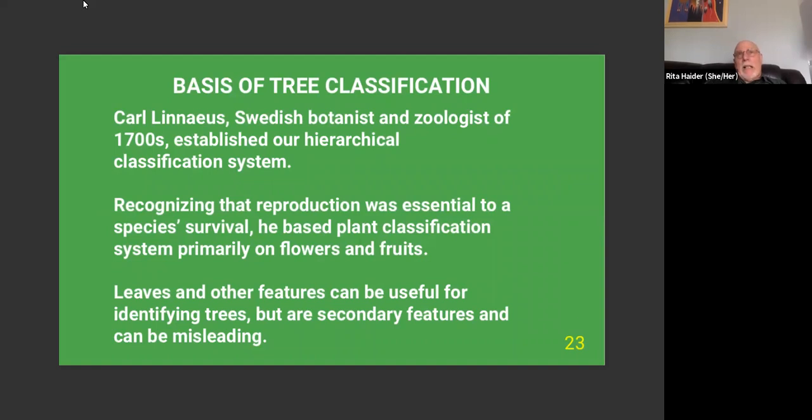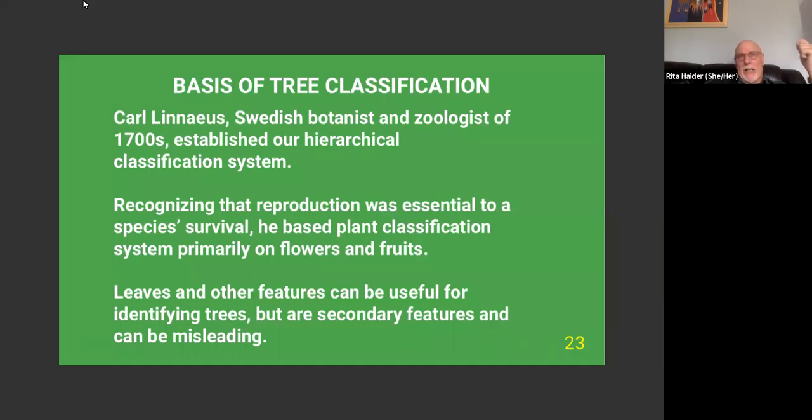Carl Linnaeus, the 1700s botanist and zoologist, had the idea that when he classified trees and all the other plants and animals, for the plants the flowers and the fruits were the most important thing, because flowers and fruits are essential to the species' reproduction and continuation. And now, hundreds of years later, we have DNA evidence.